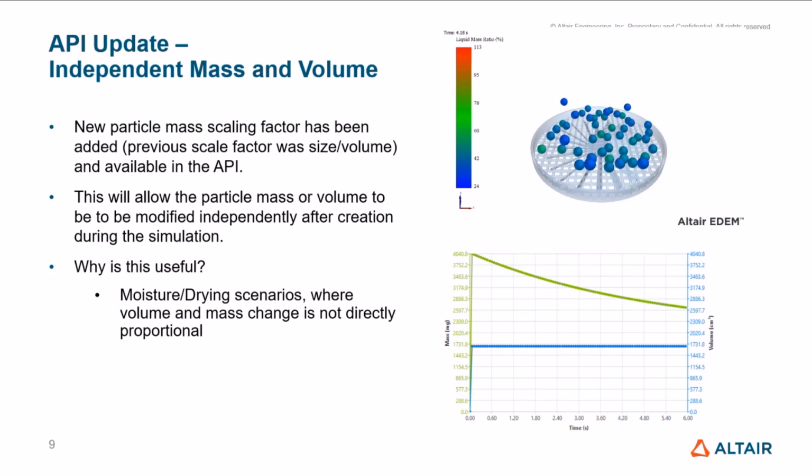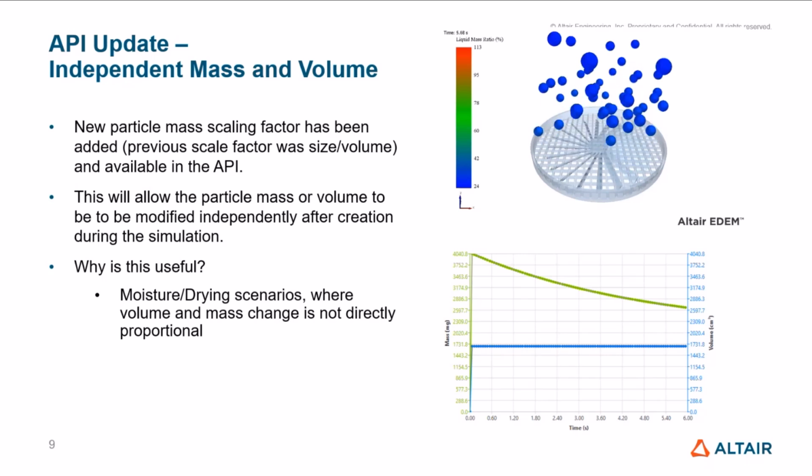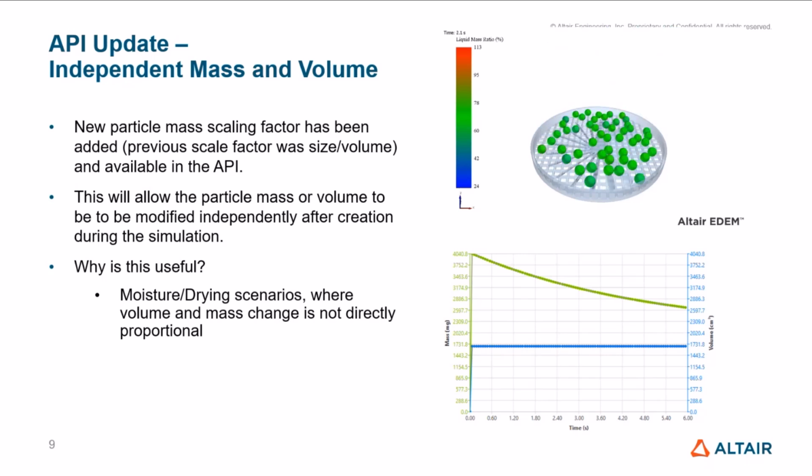So the mass is being artificially reduced. Well, not artificially, but it's being reduced without changing the size of the particles. So they become lighter, and that means that the airflow is powerful enough to lift them off the mesh that you see there. So that's quite interesting in terms of moisture, drying, these types of applications. So again, you will start to see more models appearing to use that.